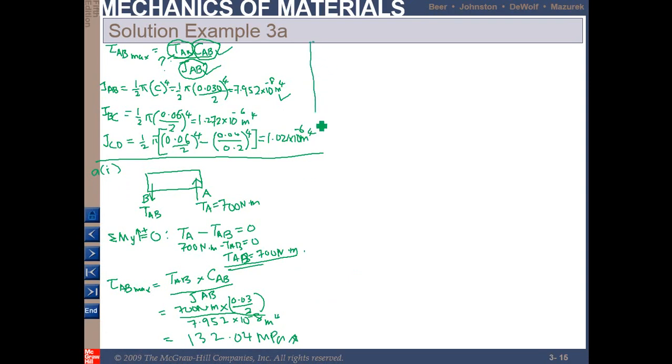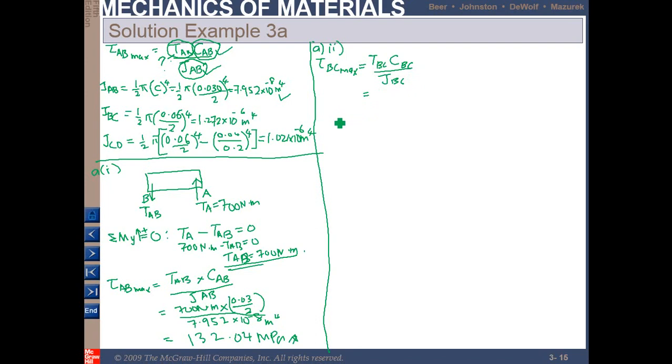So we go to A2. A2, shear maximum at point BC. Same equation, so it is equal to torque at BC times C for rod BC over JBC. We have not calculated the torque for BC yet.